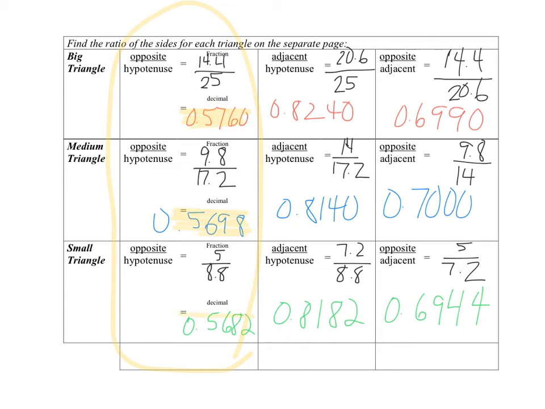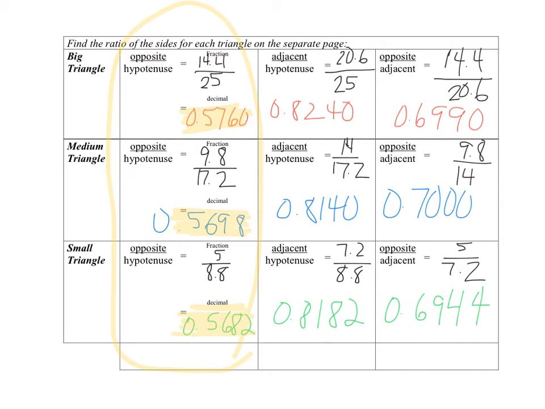The reason they're not exactly the same is because, one, I've taken them out to 4 decimals, and two, I was measuring with a ruler, and I did it to the nearest tenth of a centimeter, so to the nearest millimeter, and they're not perfect. But if I had rounded these to the nearest tenth or even hundredth, they would be really close.